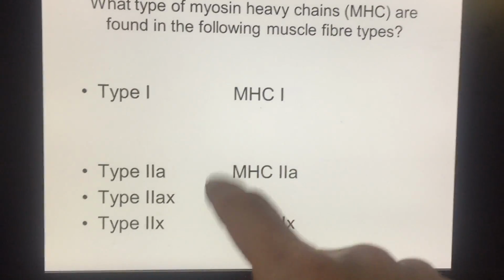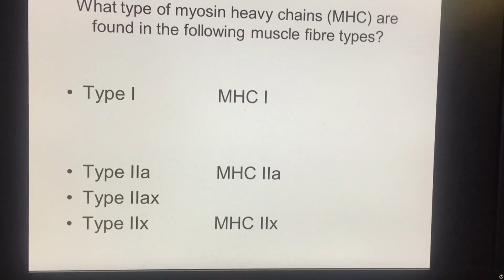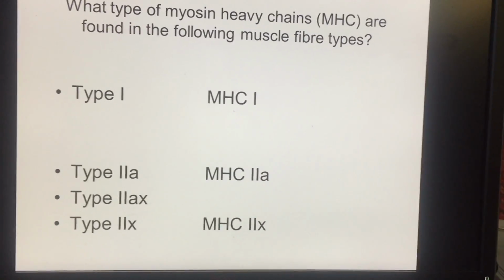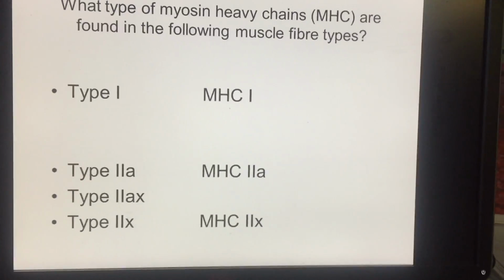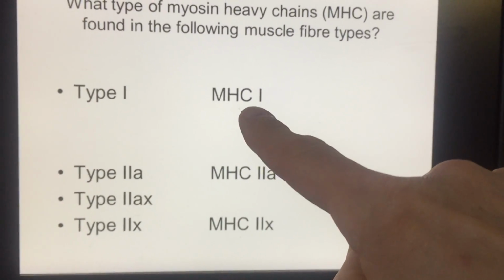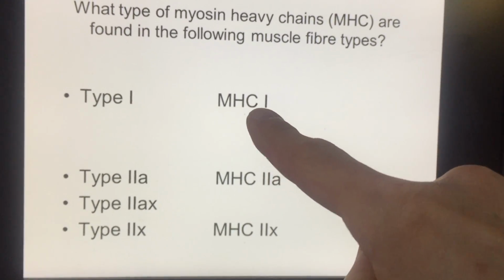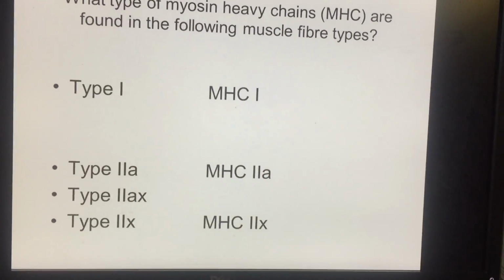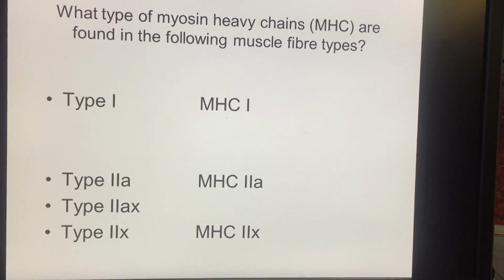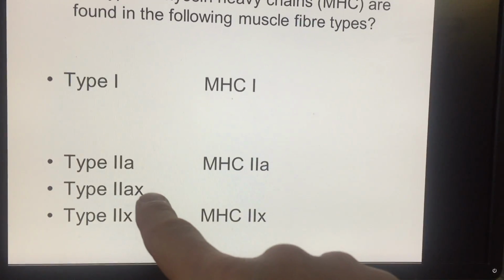Each of these muscle fibers contains thousands of myosin myofilaments, and each of those myosin myofilaments has these heavy chains. The type 1 fibers have all their myosins with myosin heavy chain type 1. In type 2A, all the myosins have myosin heavy chain type 2A, and in type 2X, all the myosins have myosin heavy chain type 2X.